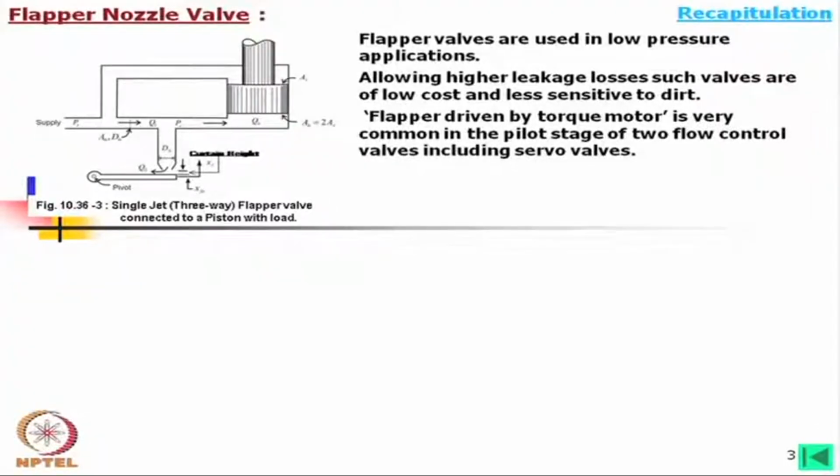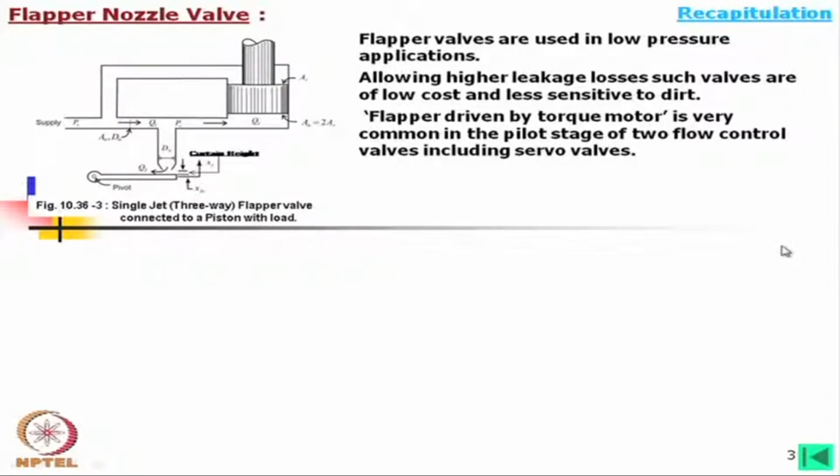So to move that four-way spool, we have another stage where the spool is very small. We need to actuate that spool valve with a very small amount of force, which is controlled by this flapper nozzle, and these nozzles are on both sides, and then the pilot stage controls the main stage, as you have seen earlier in the servo valve section.